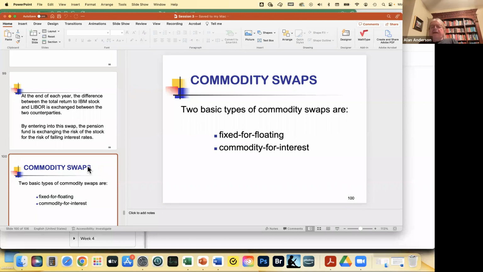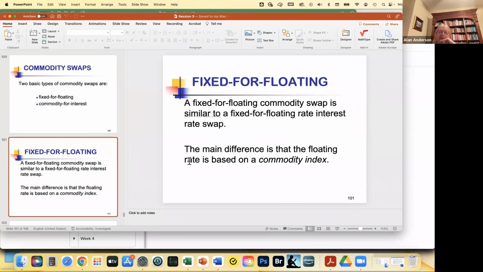So here we have potentially fixed for floating rate commodity swaps and commodity for interest swaps. For example, the fixed for floating means we trade the returns to a set of commodities, or find some kind of a published commodity index, and trade that number for a floating rate of interest.